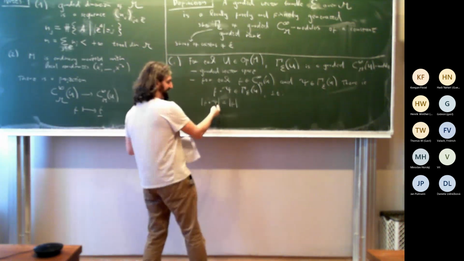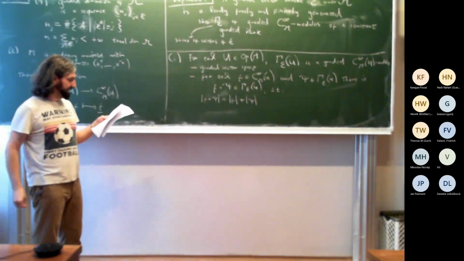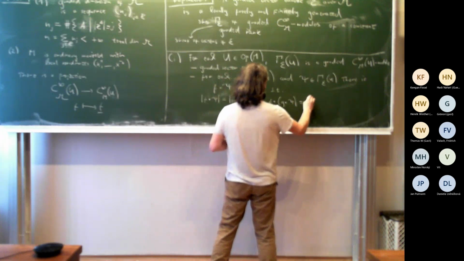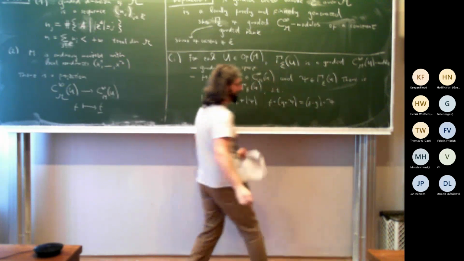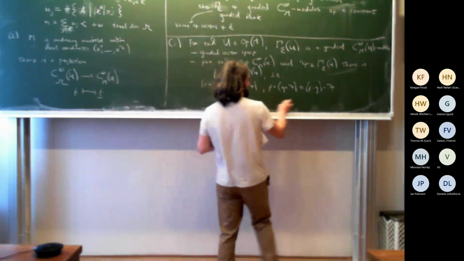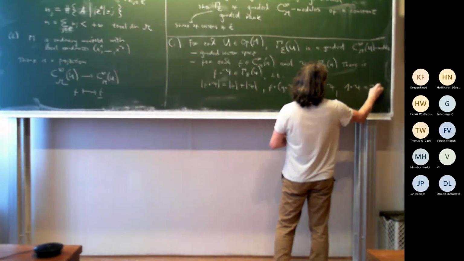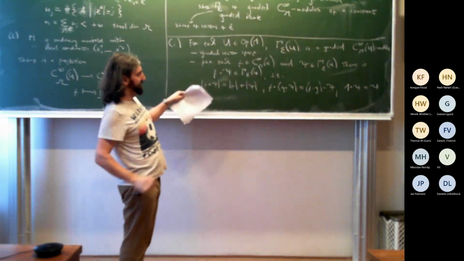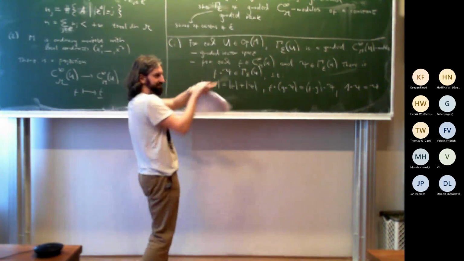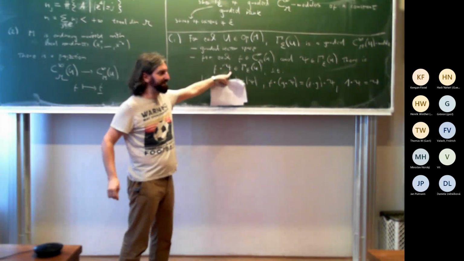So f times psi has a degree which is the sum of the two degrees of f and psi. And then there are standard ones: you can rebracket, and if you act by 1, which is always in your algebra of functions because it's unital, it does nothing. And then this dot is to be R-bilinear, so you can distribute with respect to addition and scalar multiplication in your graded vector space here and graded vector space here.